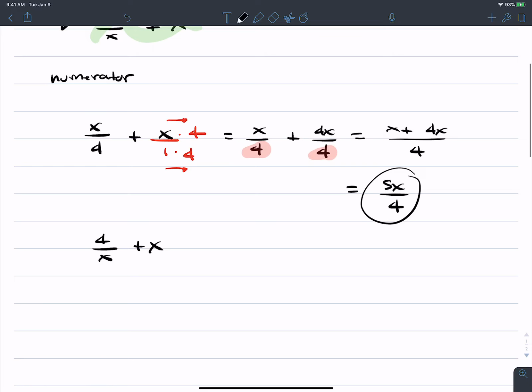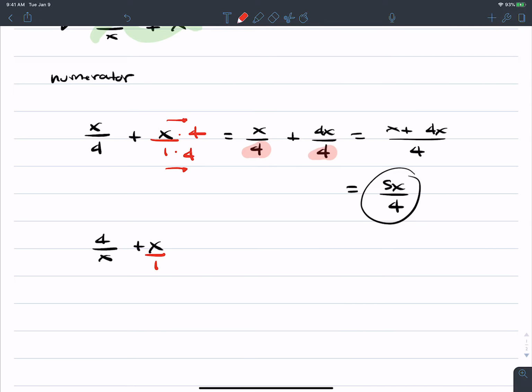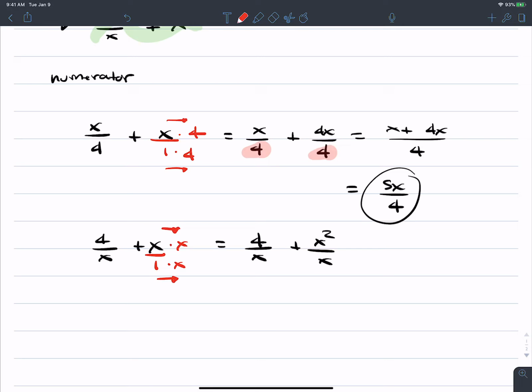And so we're going to do the same thing we did before. We're going to remember that this is over 1. And we'll multiply both top and bottom by x so that we obtain 4 over x plus x squared over x, because we're going to multiply horizontally across our x and x to get x squared, our 1 and x to get x over here. So we got the x squared over x. This is how we got these values here.